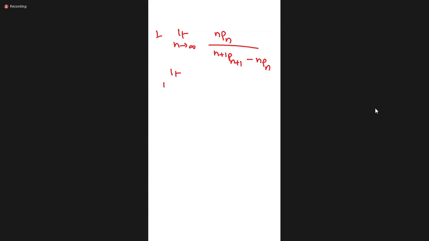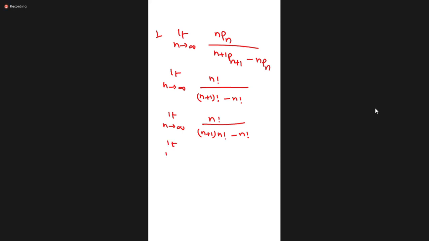So here limit n tends to infinity. nPn means n factorial by (n plus 1) factorial minus n factorial. Limit n tends to infinity, n factorial by (n plus 1) factorial we can write as (n plus 1) into n factorial.